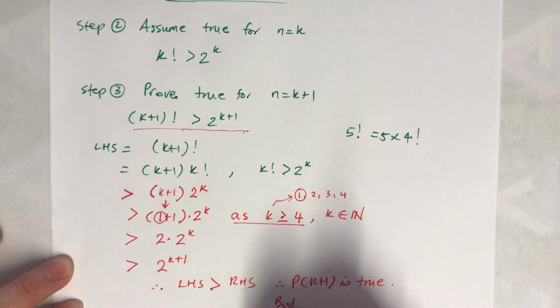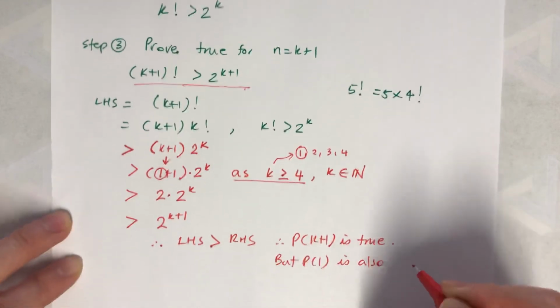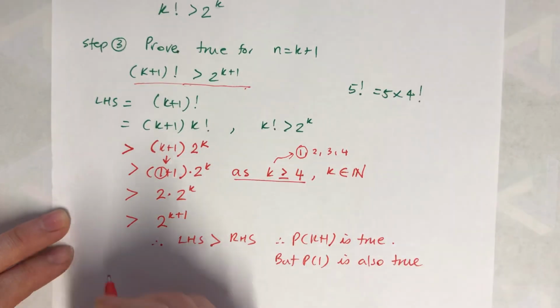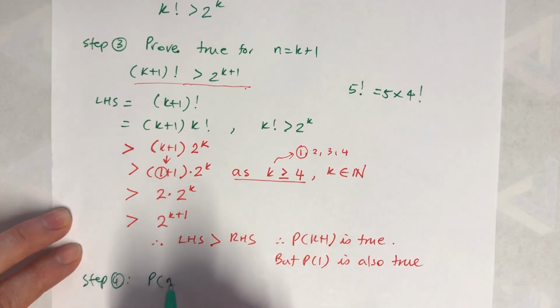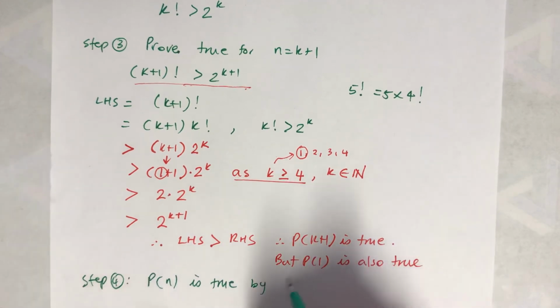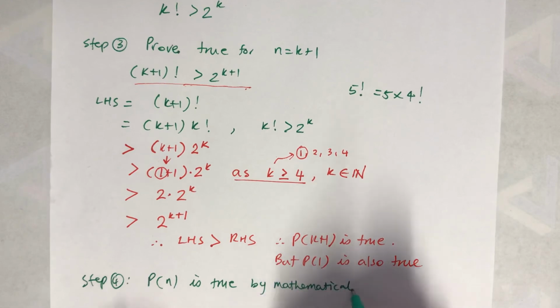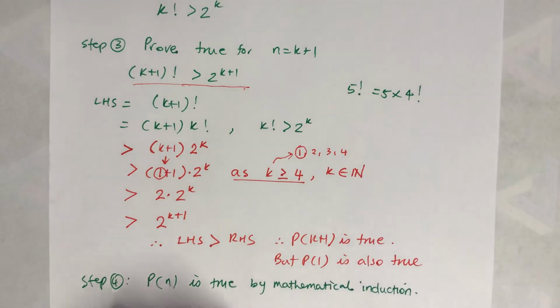And P of 4 is also true. So now step 4, P of n is true by mathematical induction. Okay, well done people.